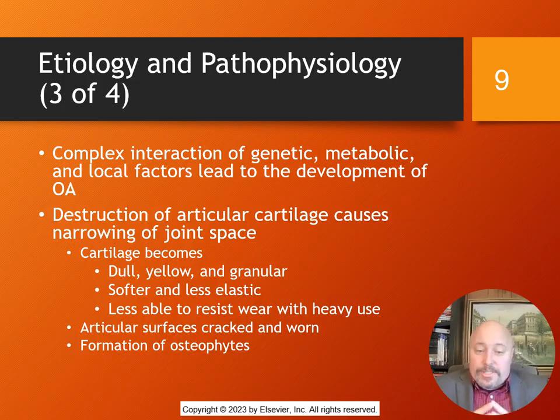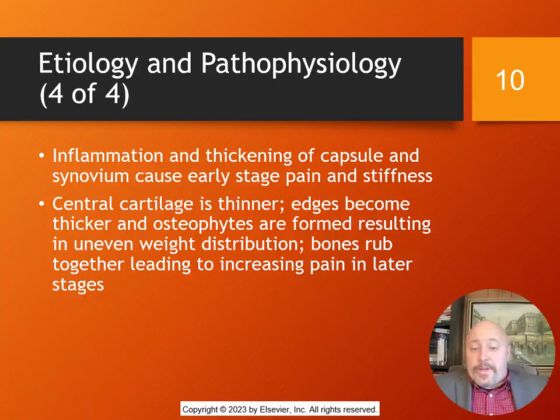The articular surface is cracked and worn down. The inflammation and thickening of the capsule and synovium causes early-stage pain and stiffness. Central cartilage is thinner, edges become thicker, and osteophytes are formed, resulting in an uneven weight distribution. Bones rub together, leading to increased pain in later stages.